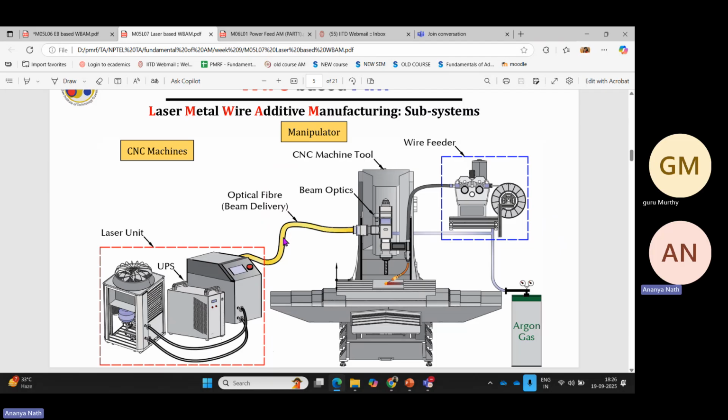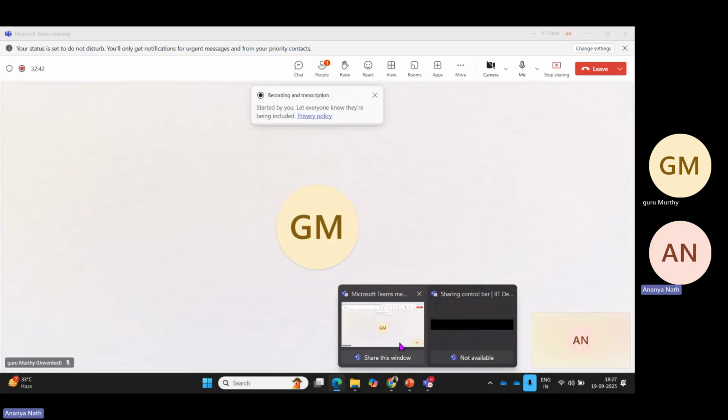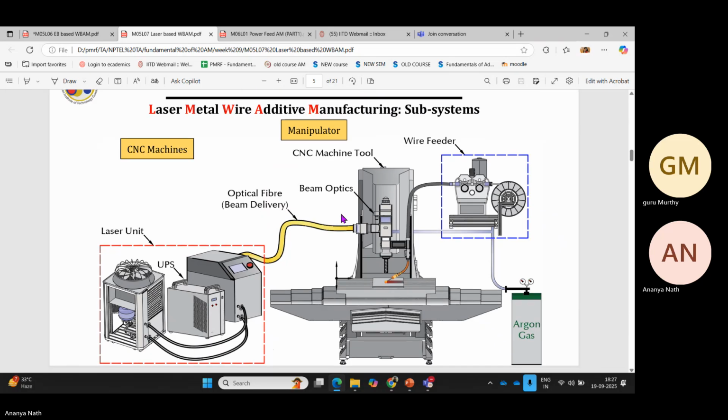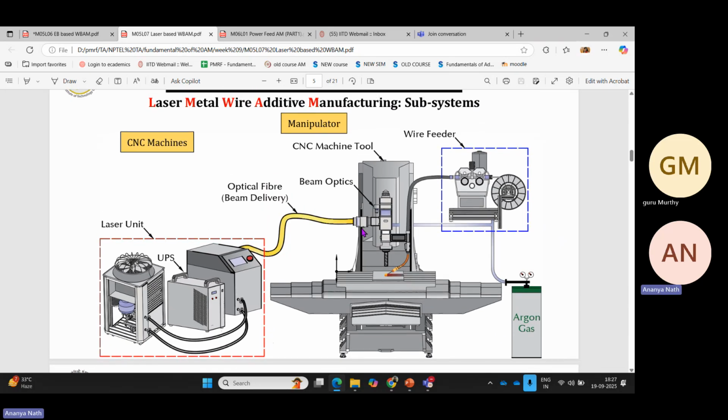As laser based AM processes deal with very high temperature and high build rate, it's important to maintain a controlled atmosphere to avoid any contamination or any kind of disturbance in the melt.